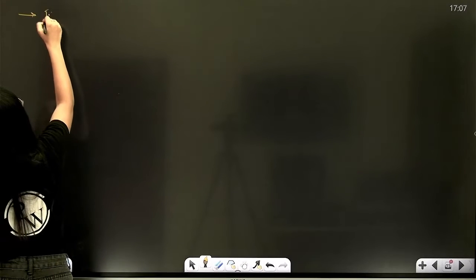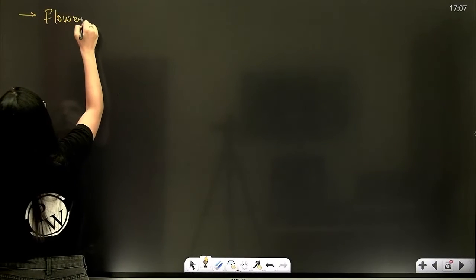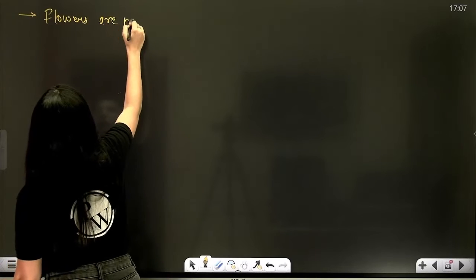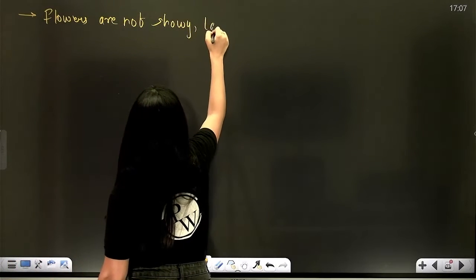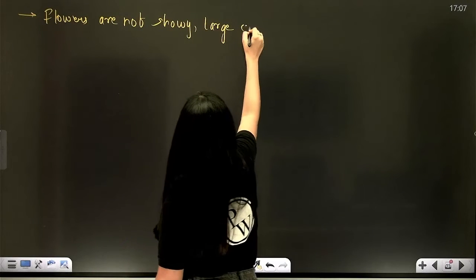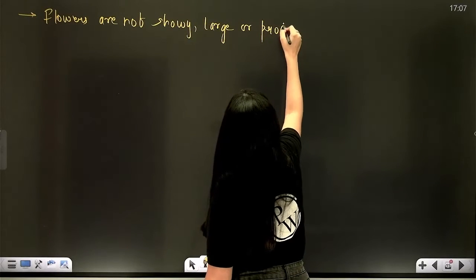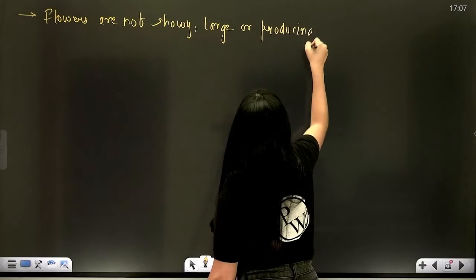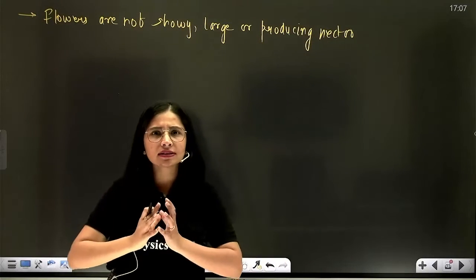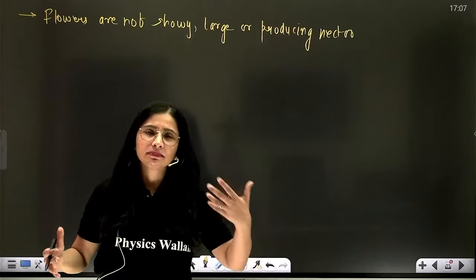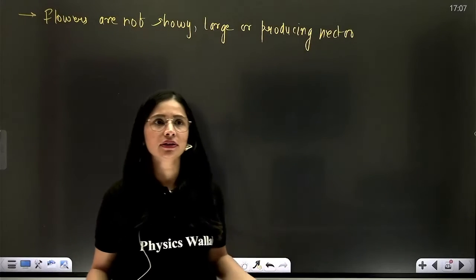So next point is characteristic features. Flowers are not showy, large, or producing nectar. Flowers are very simple, inconspicuous, born in inflorescence, not attractive, simply conserving energy, right?